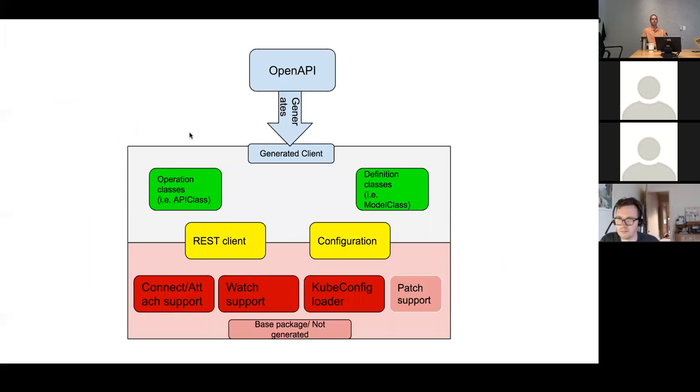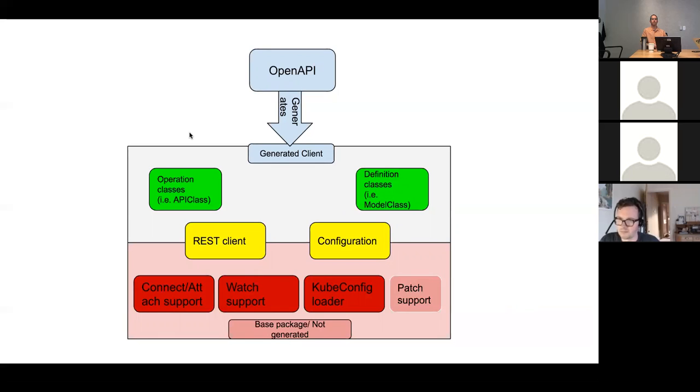The way that the generation works is generating operation classes and definition classes, based on the operations and classes as API objects. It also will generate a REST client and configuration object. I call these two an O(1) generation because there's only one of them.